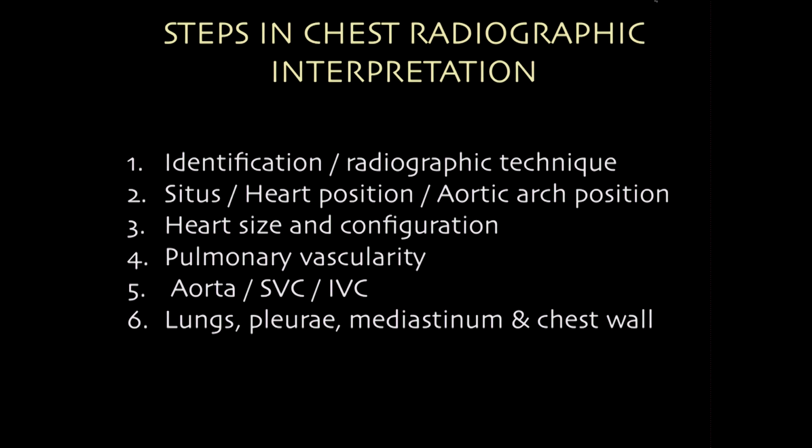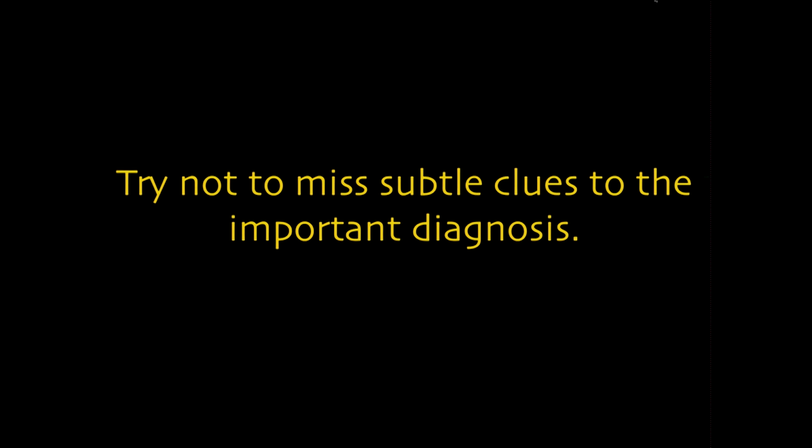And then describe the heart size and configuration and pulmonary vascularity, 6 categories: normal, increased, decreased, pulmonary venous hypertension, pulmonary arterial hypertension. Don't forget asymmetric, uneven, unequal vascular distribution. And then you need to look at the aorta, superior vena cava, inferior vena cava, and other parts of the thorax. Okay, so try not to miss subtle clues to the important diagnosis.